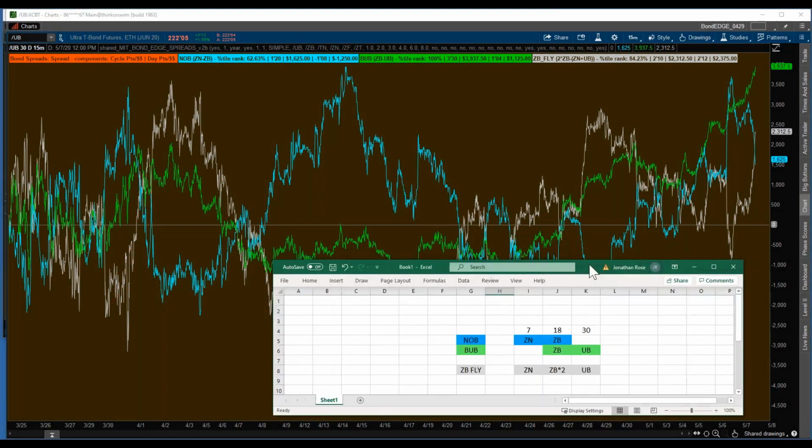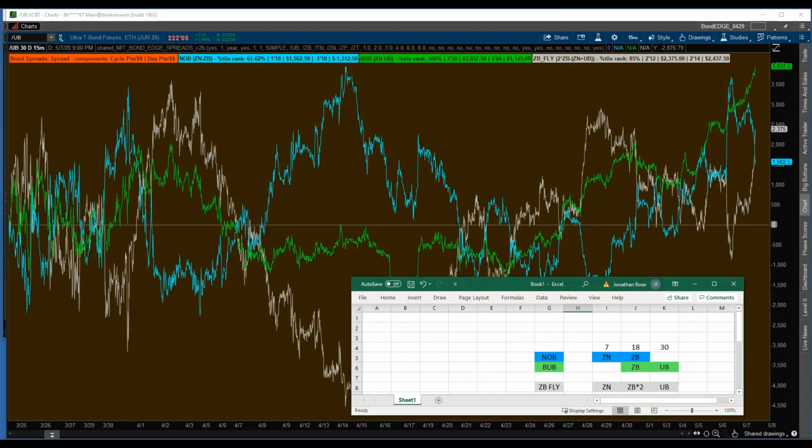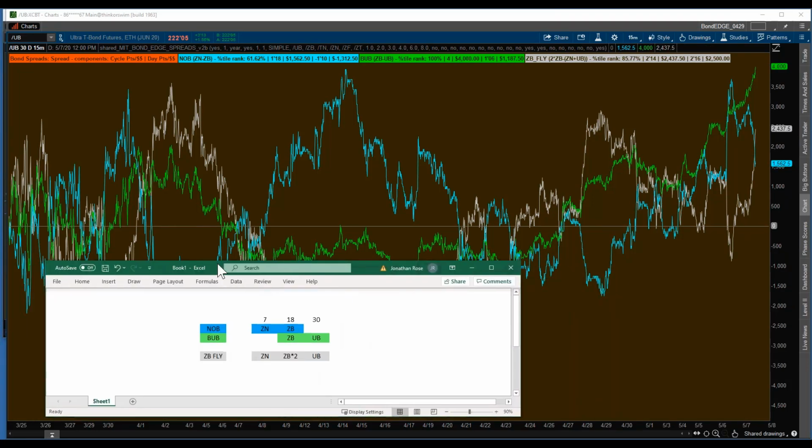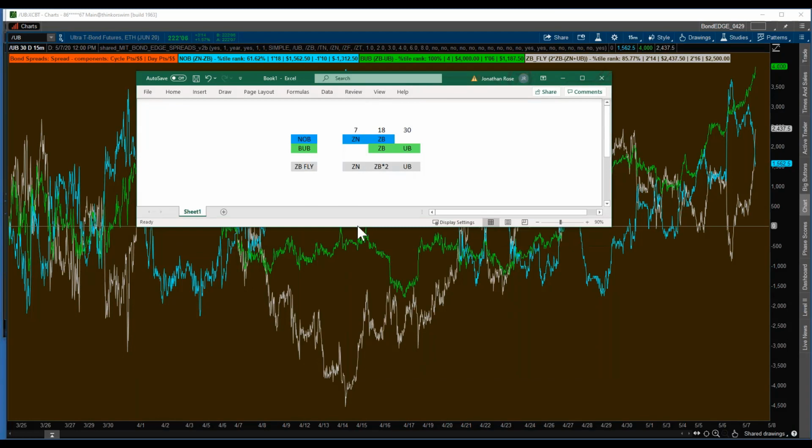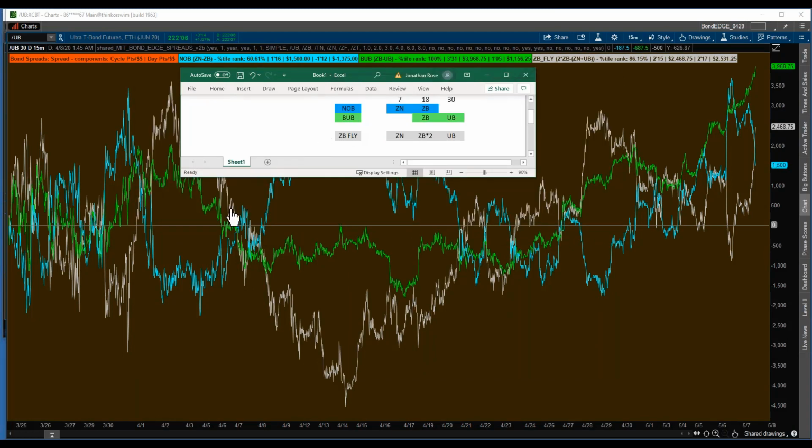Now, I'll give you a little cheat sheet about how to look at this stuff. We want to look at triangles. If using the triangle analogy, a line would be ZN and ZB.